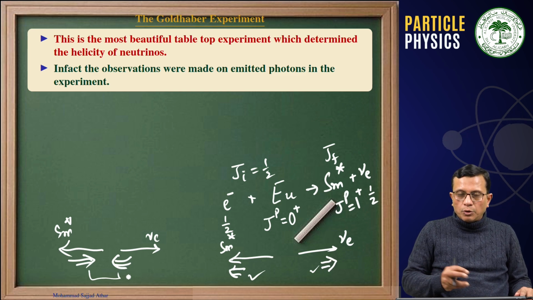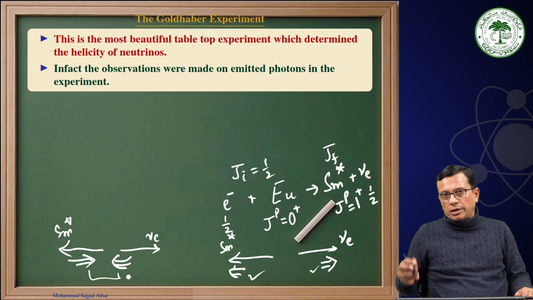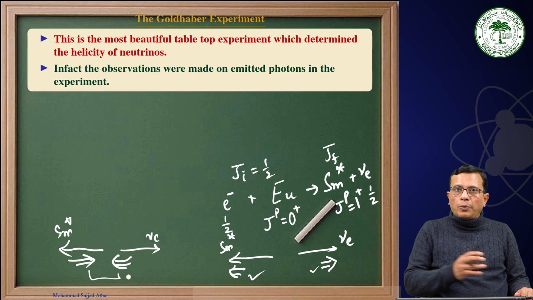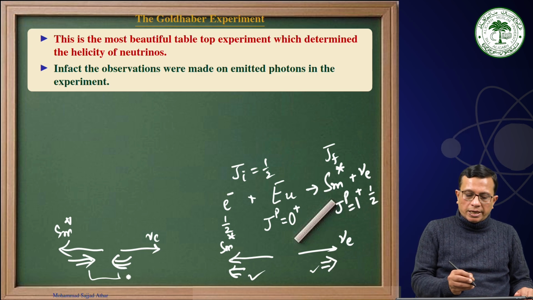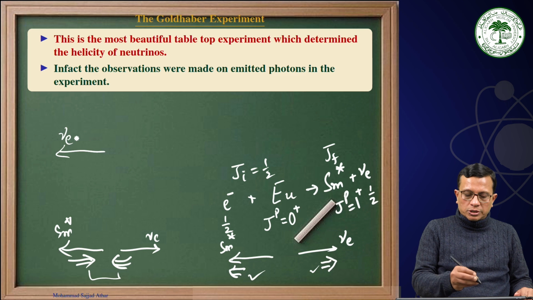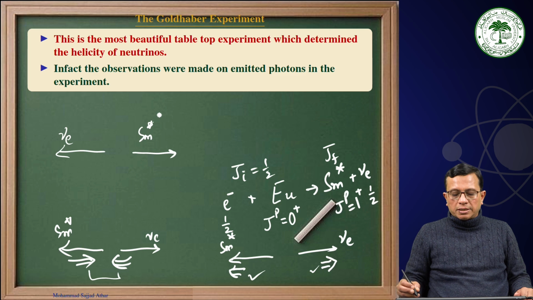Now, you may ask the question, why are neutrinos coming in the right hand side direction, why not to the left hand side? You can equally think of the same. Neutrinos are coming to the left hand side direction and samarium star is coming on the right hand side direction.